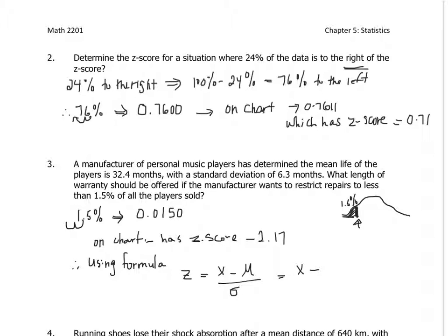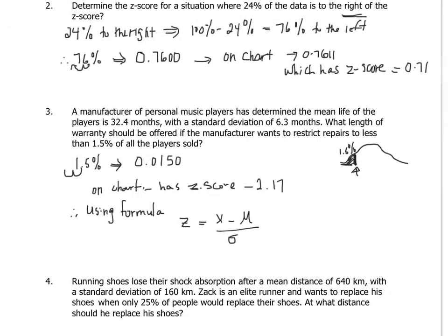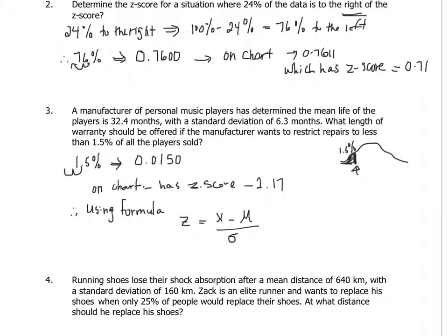I'm just going to move that down to the next row here. Okay, so we don't know the data value, but we do know the z-score is negative 2.17. We do know the mean is 32.4. And we do know that the standard deviation is 6.3.